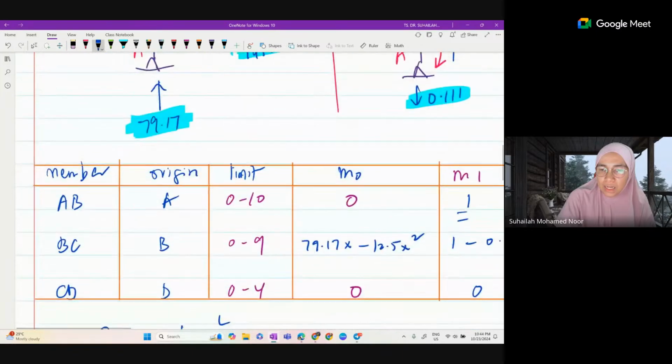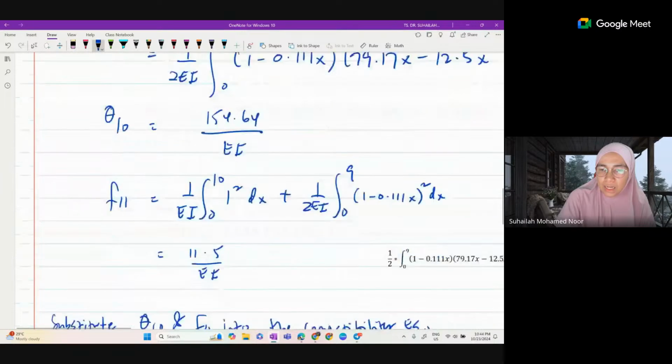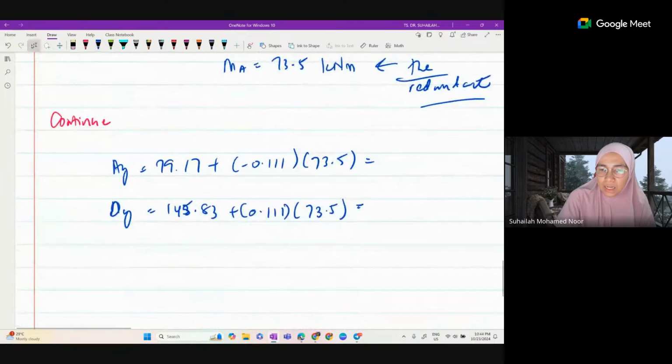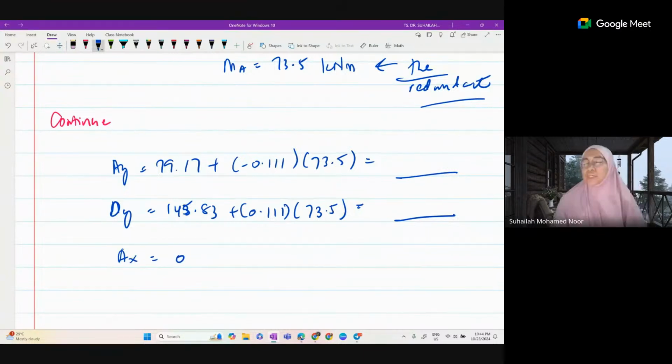Betul tadi 145? Okay, then we get all the value. So AX is equal to 0. Okay, cukup 1 jam. And then kita dah dapat all the redundant as well as the remaining reaction in the frame.